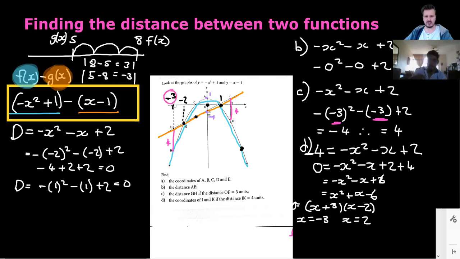It's over here. And so that technically is just there. And we know that that distance is 4. So when we do this, we often will get 2 answers because there's more than one place where the function is that distance. So it's a distance of 4 there, and it's a distance of 4 there.